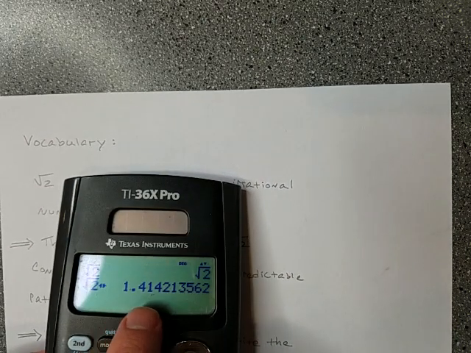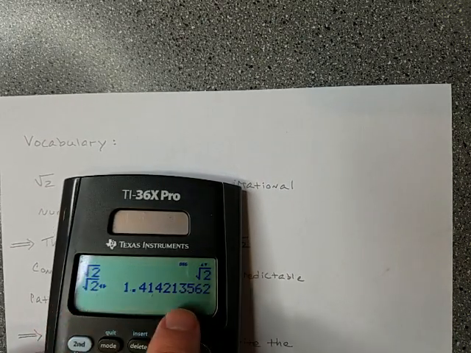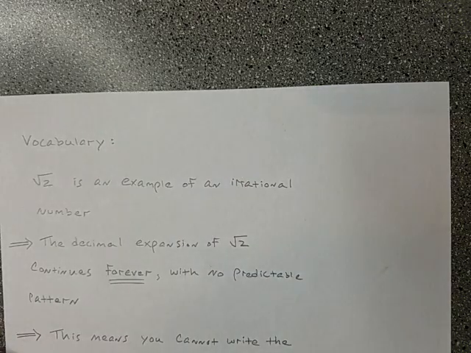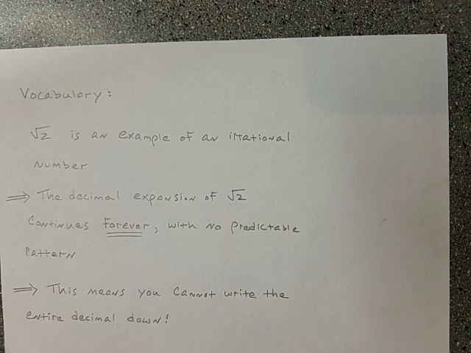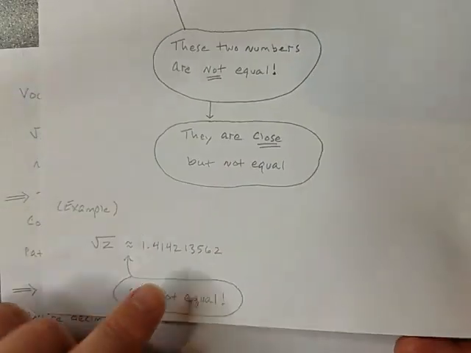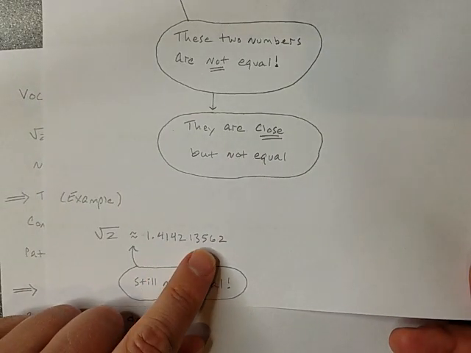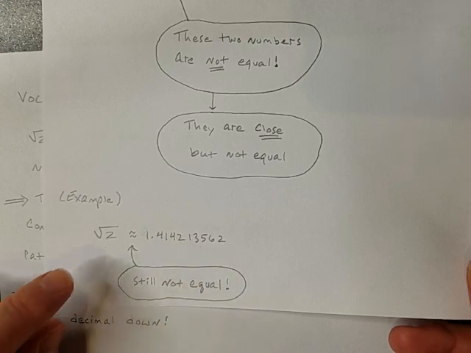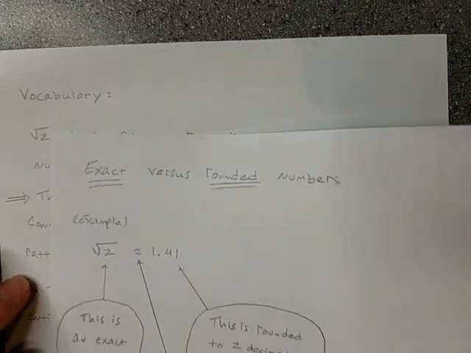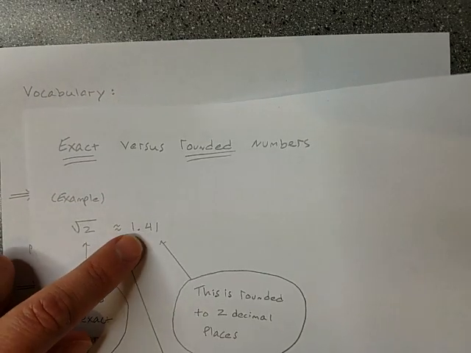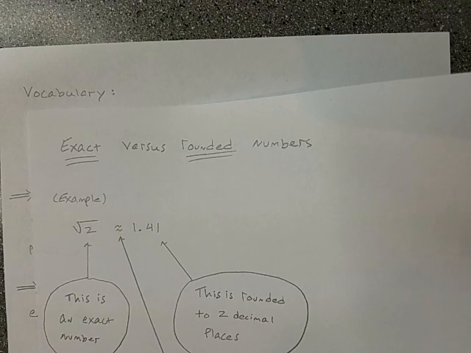If the decimal expansion of root 2 continues forever, that means that I can't write the entire number down, okay? So that's kind of the long story behind why no matter how many of these digits you write down, that decimal will never be perfectly equal to this number over here. Okay? All right, so you get the difference. The exact number versus that number rounded to so many decimal places.